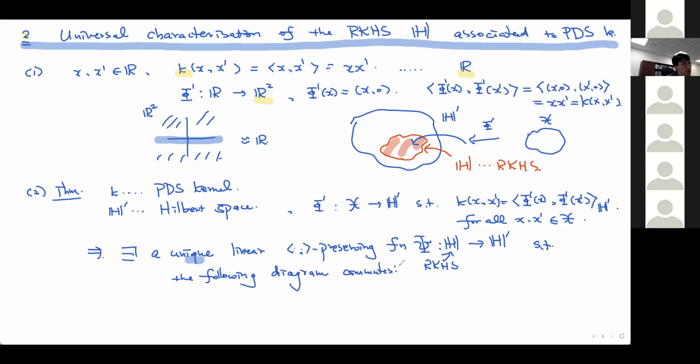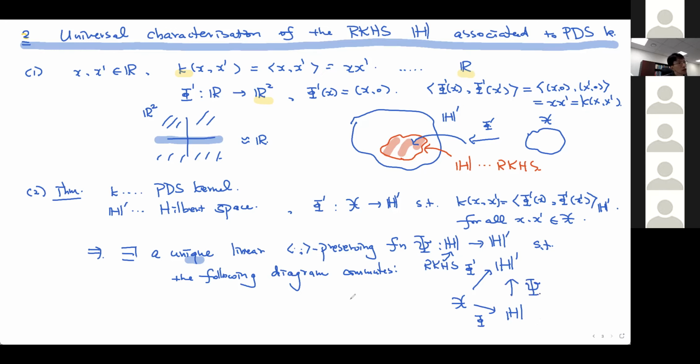So what's the diagram? Given X, there's H prime, there's H. Then there are two ways of going to H prime. The first is just using the feature map phi prime. The second is that we use the feature map phi to encode x in the RKHS, then map it by psi, which we said uniquely exists.